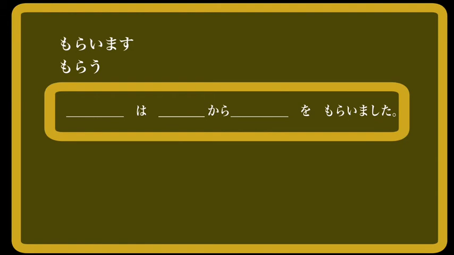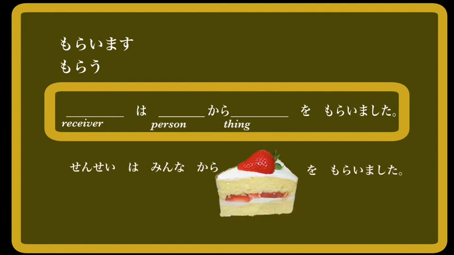If we also want to include who we received it from, the person we received it from would take kara, literally meaning from. So the receiver, the one doing the receiving, in our example, the sensei, the teacher, sensei wa, and this time the teacher is receiving from everybody, and everybody is minna. Minna kara, sensei wa minna kara, from everyone, keiki o moraimashita.